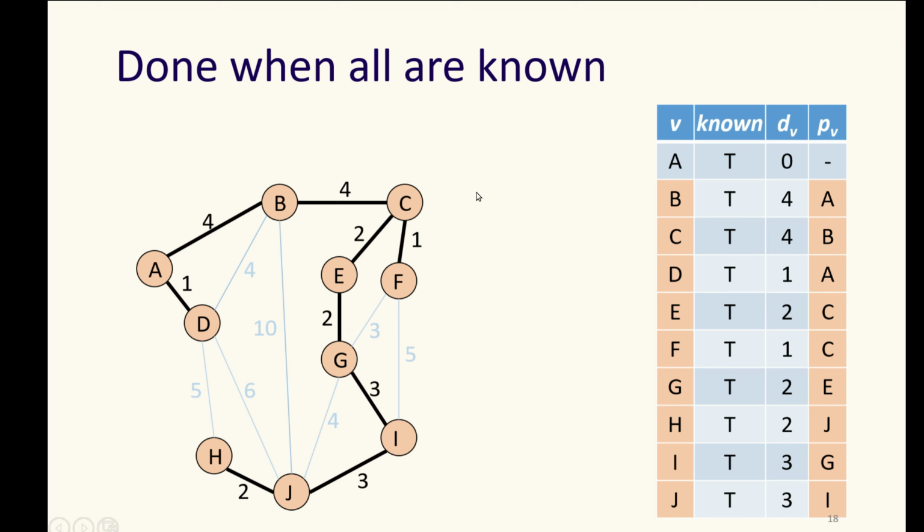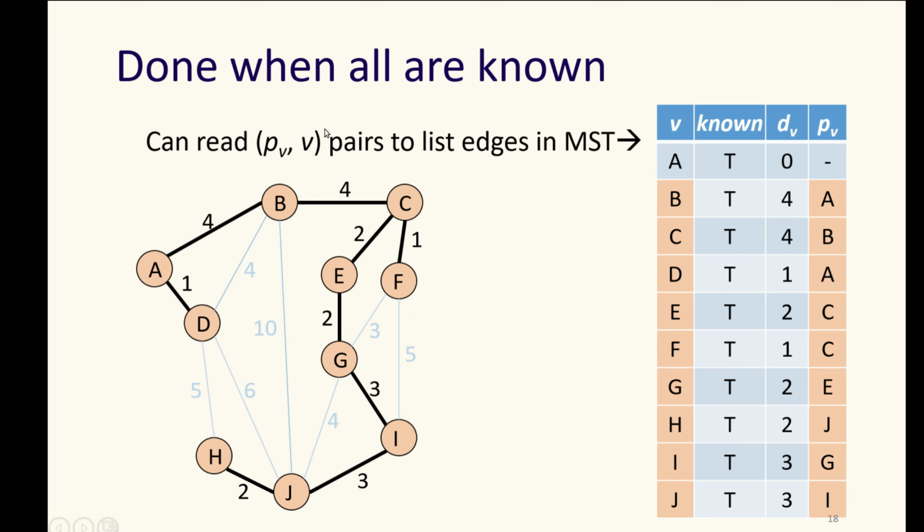We could easily just keep a count of them, so that could be a simple operation to know when we are done. And we can read those P sub V and V edge pairs to list the edges in the minimum spanning tree. We could start with A and then see who connects with A, and we could go onward through there to list those edges that would be in our minimum spanning tree.